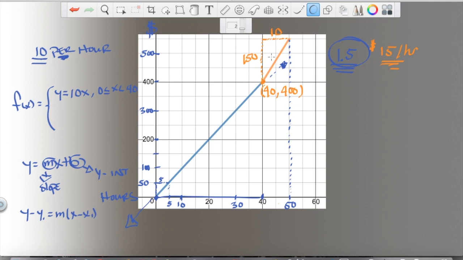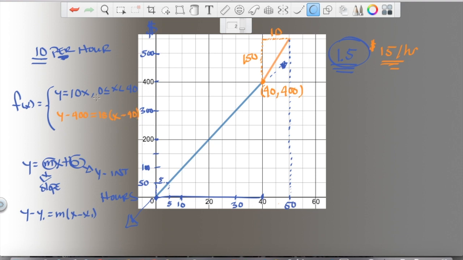And we could use that in there as well. So let's plug that in. So I would have y minus y1, which is that 400, equals 15 times x minus x1, which is 40.